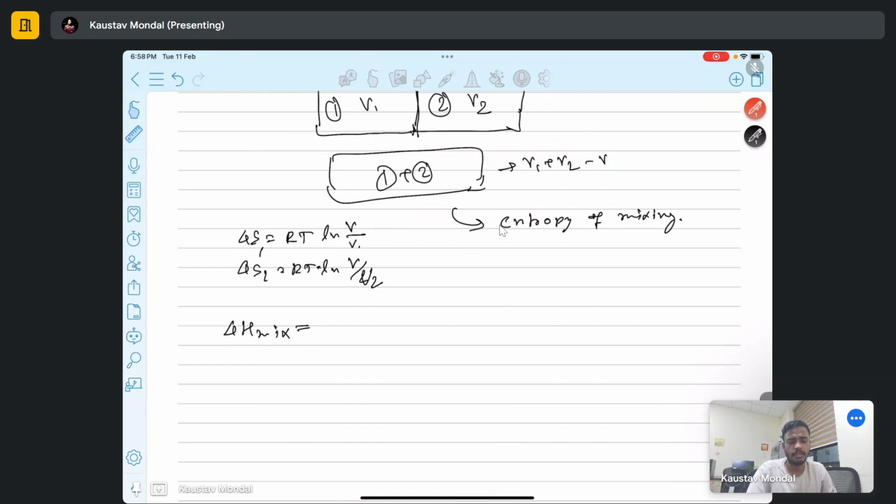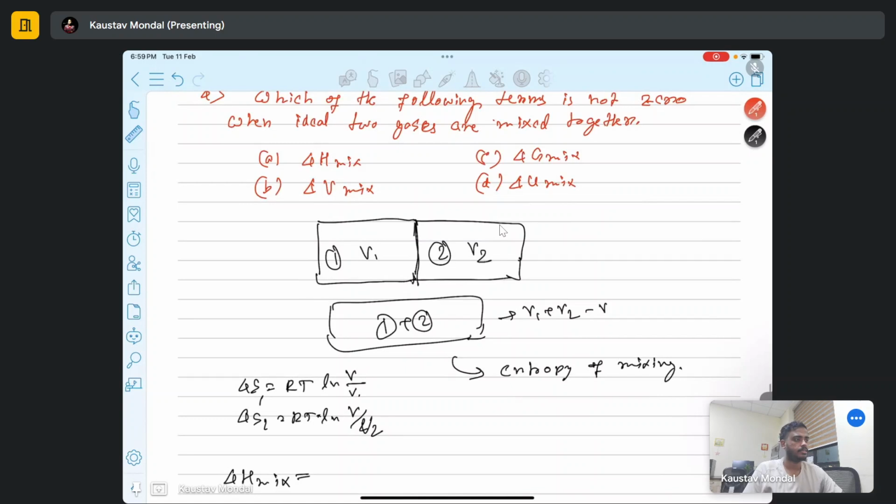If heat is exchanged or transferred between systems or intermolecules, and the system absorbs or emits heat, then there will be a finite value of delta H mix.